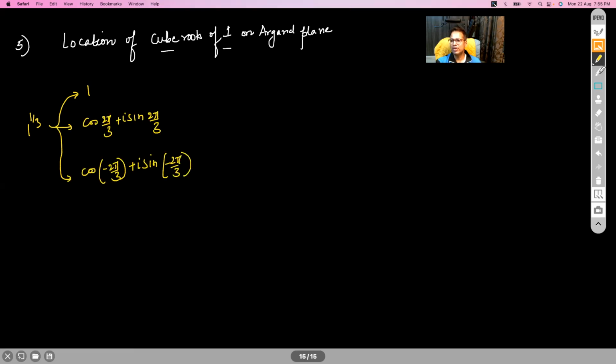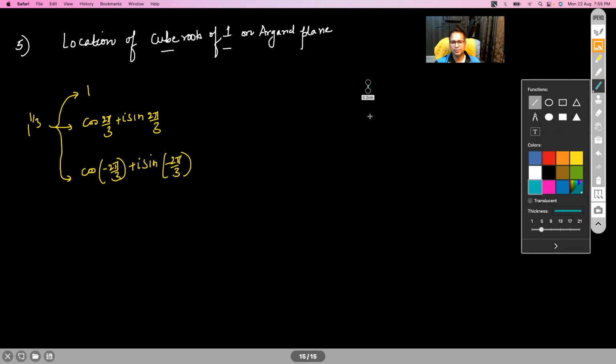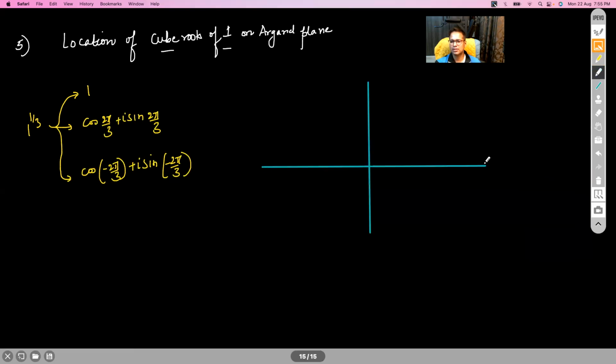Okay. So if I have to locate it on the Argand plane, let me make the Argand plane. So 1 is located here. Let's say this is your 1 point, 1 comma 0.